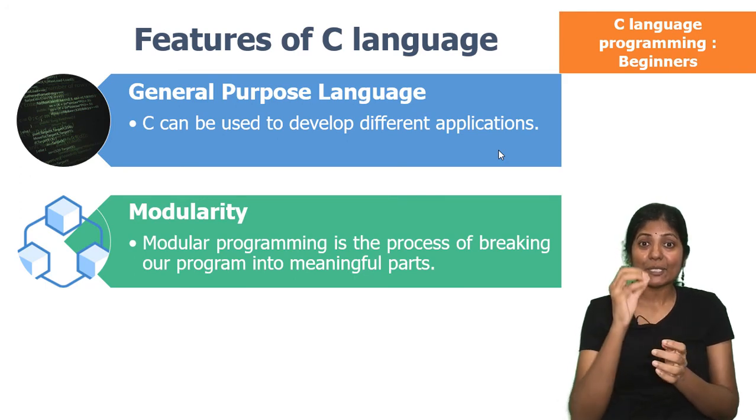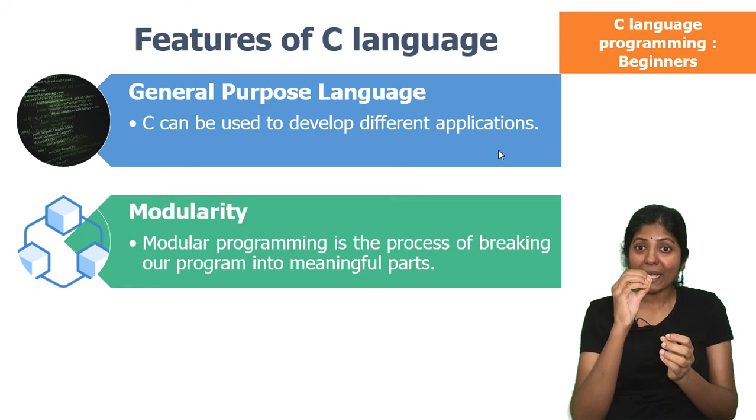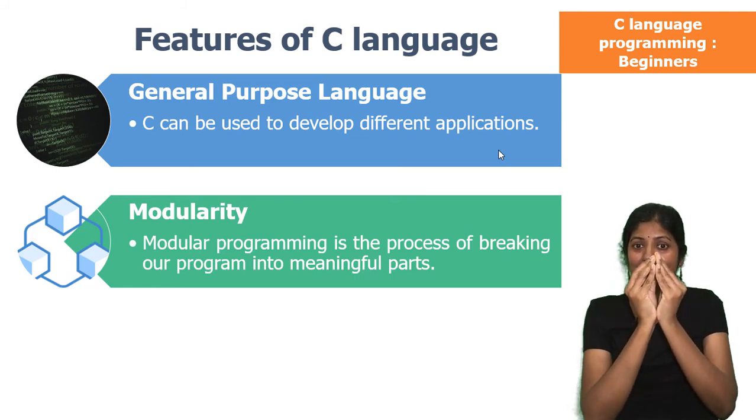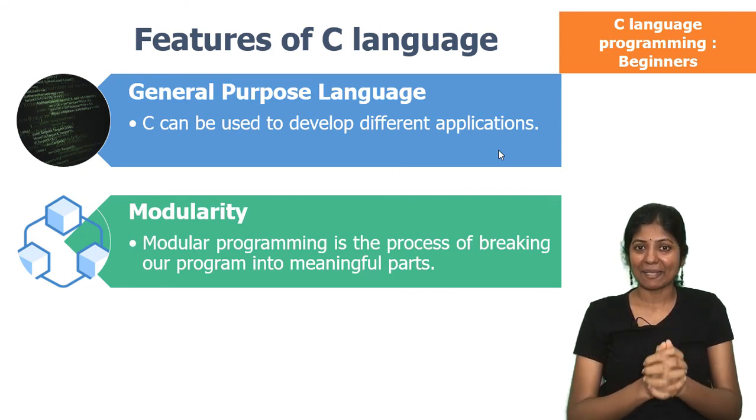We will develop small partitions or small parts. Then we will combine these small parts together to solve big problem. That is called modularity. To understand better about modularity, let's see a small example.